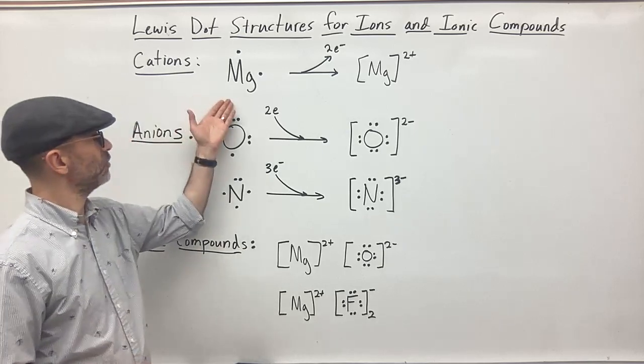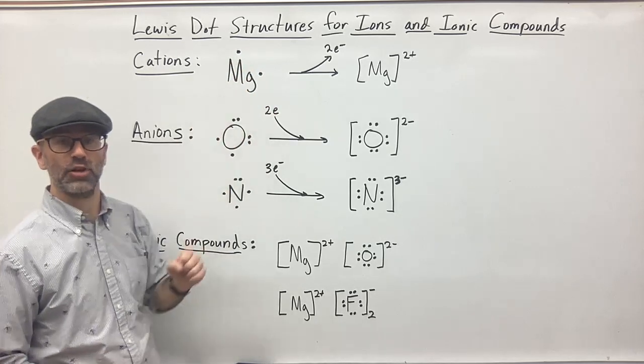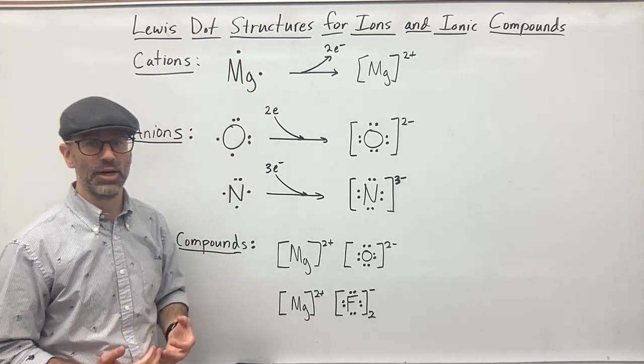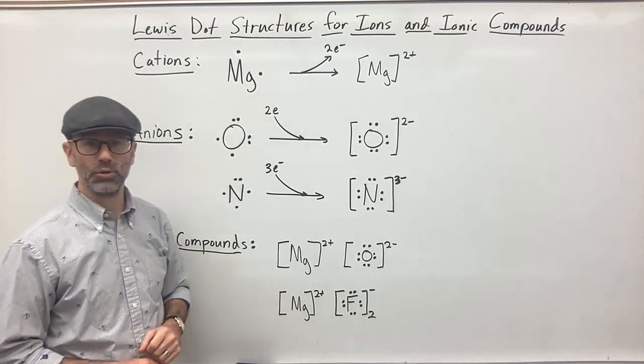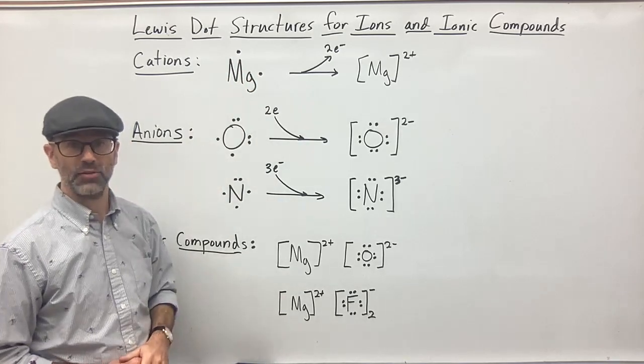So we have magnesium here, and here's the Lewis dot structure for magnesium. Magnesium is a group 2 element, so that means it has two valence electrons, and so we have the two dots in our Lewis dot symbol for magnesium.